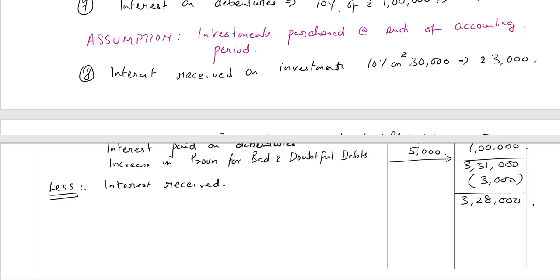So 3,28,000 rupees is operating profit before working capital changes.